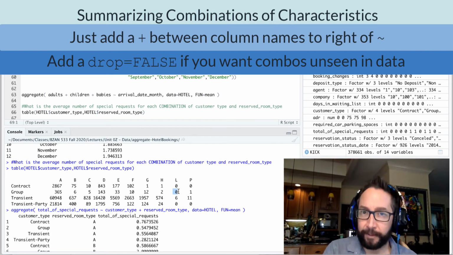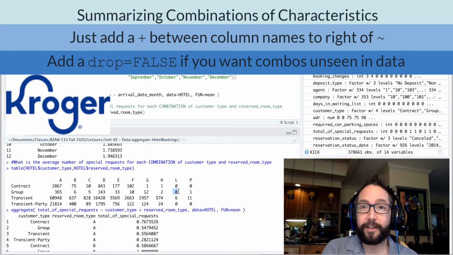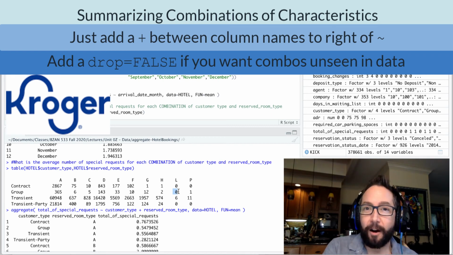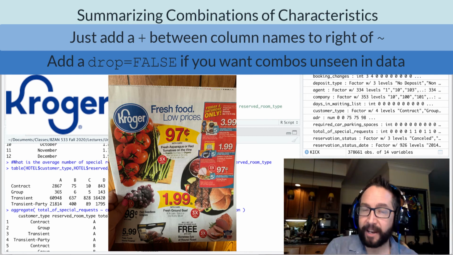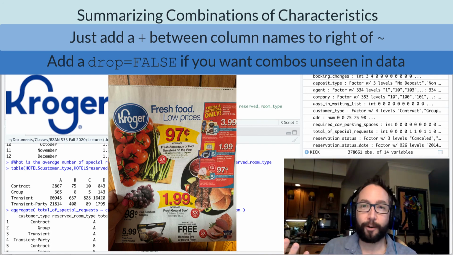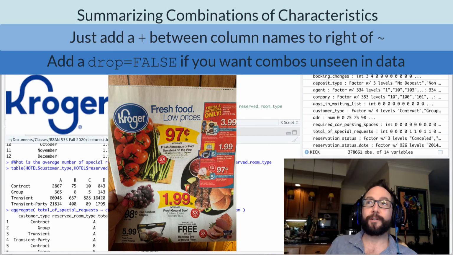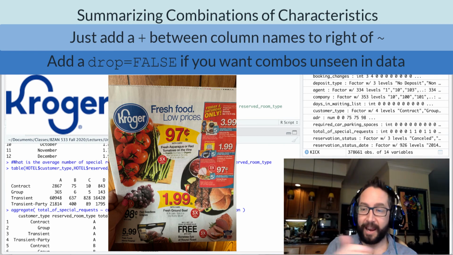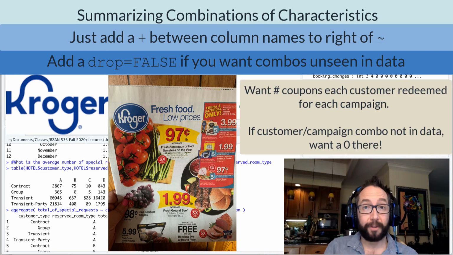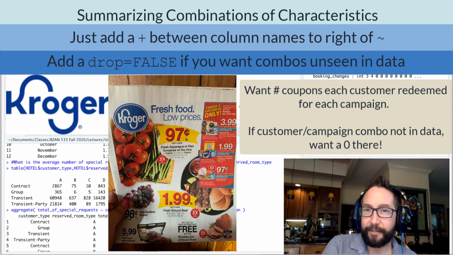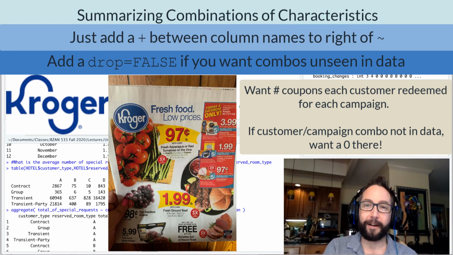Imagine the case that you're working for the Kroger analytics team and you're looking to see, all right, how effective are the coupons that we're personalizing and sending out to each customer. Maybe you send out 16 different coupons to each customer, and you do this over the course of maybe 5 different campaigns. So in this case, what you'd like to do is for each combination of customer and campaign, keep track of the total number of coupons that were redeemed. Well, if you scour your transactional data set, if a customer never uses that coupon, it's not going to show up there.